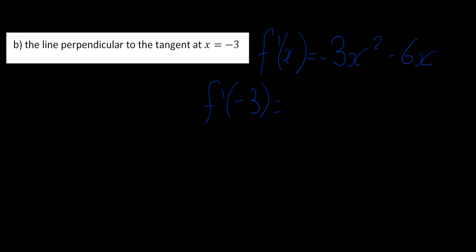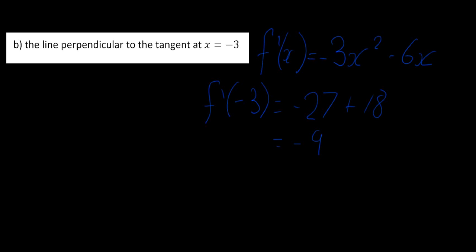So when we do this, I'm going to get -3 squared, which is 9. 9 times -3 is -27. -3 times -6 is 18. So we get -9. Now remember that this is not the gradient of this perpendicular line.